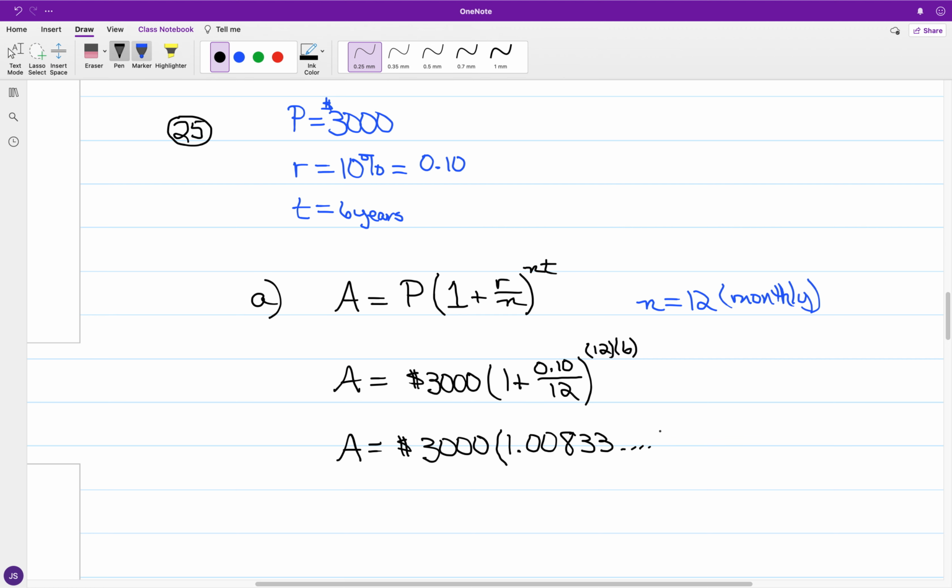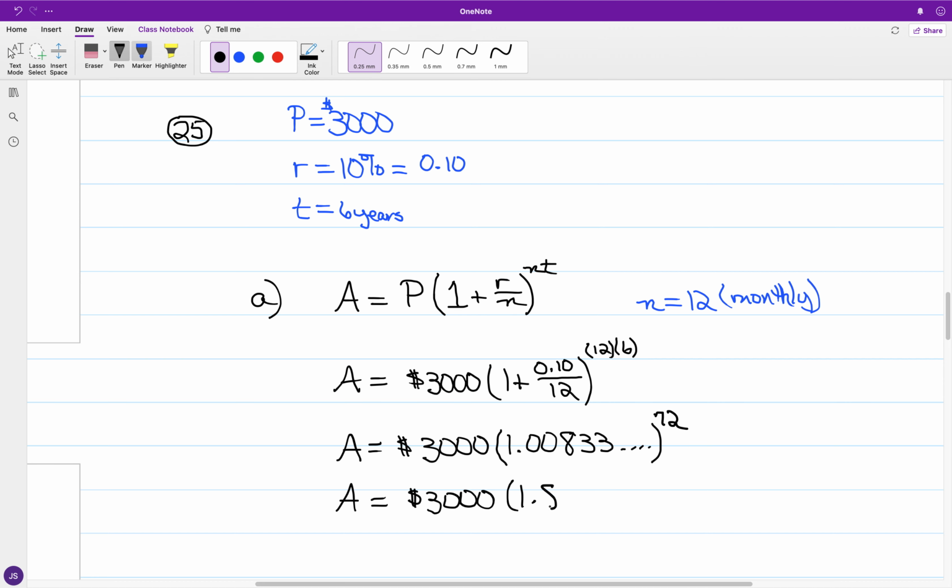So just keep that displayed. And we're raising it to the 12 times 6, or 72nd power, still waiting to multiply by $3,000.